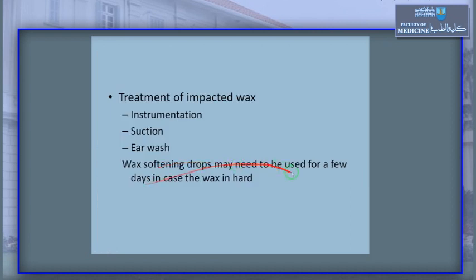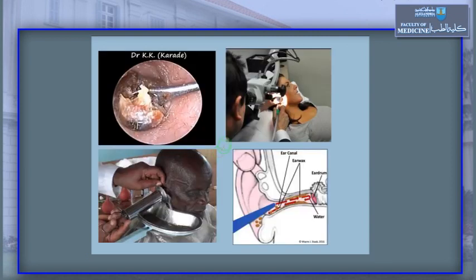Typically the wax softening drops are oily drops, so typically people were using olive oil or hydrogen peroxide or glycerine, and now the commercially available drops contain these materials alone or in mixtures. So we use the wax drops for a few days, and then we ask the patient to come back where we can remove the wax by suction or by ear wash.